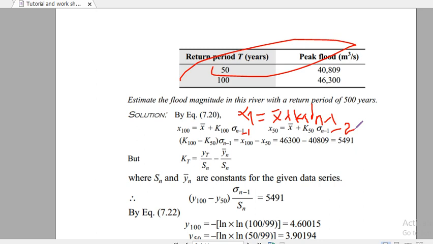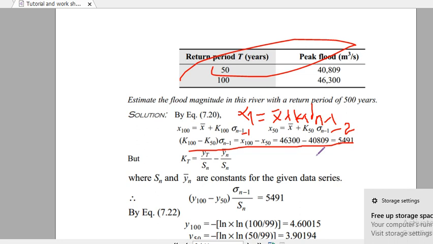Then by using simultaneous equations, equation 2 and equation 3, we can rearrange like this. K100 minus K50 times delta n minus 1 is equal to x100 minus x50, which is equal to 46,300 minus 40,809, equal to 5,491.